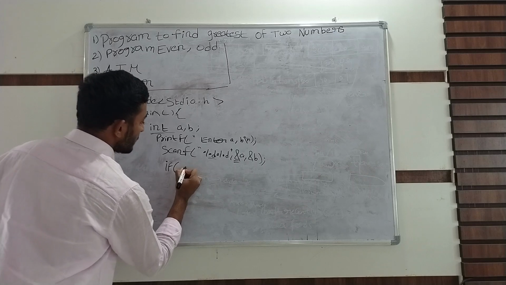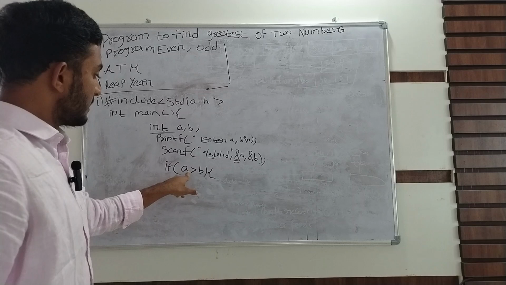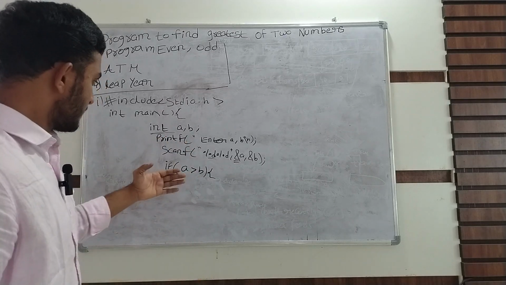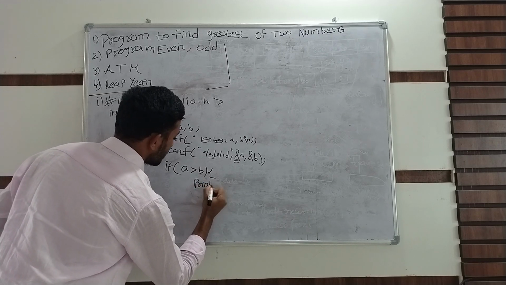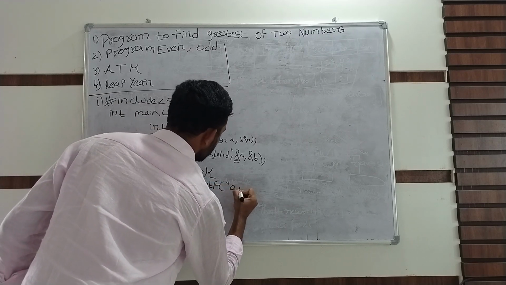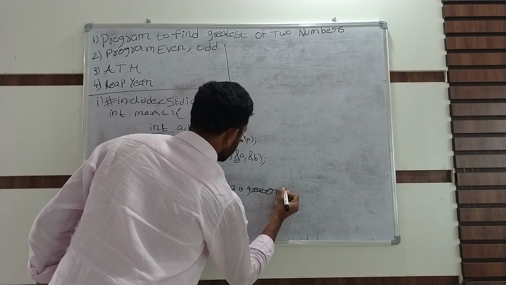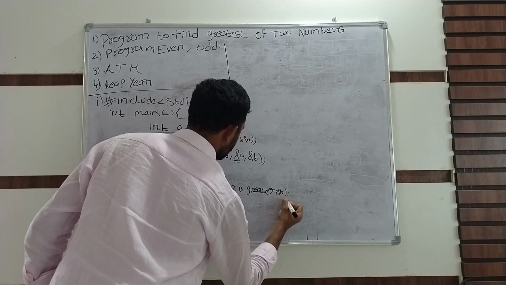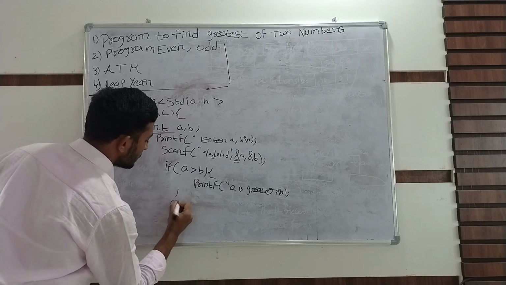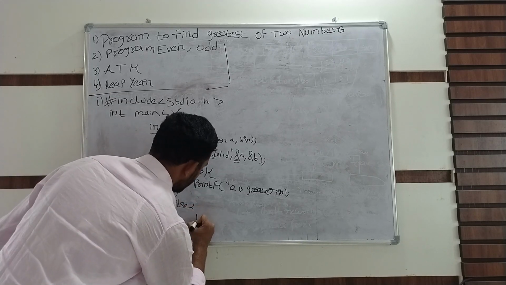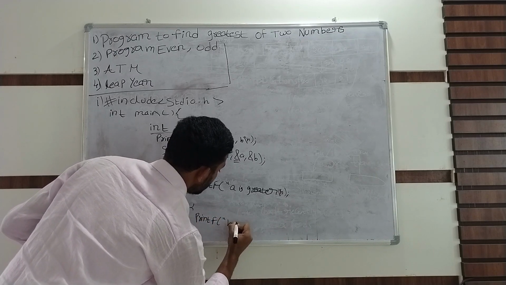Let's say if a is greater than b, then if our input a is greater than b, then printf "a is greater". Else, printf "b is greater".